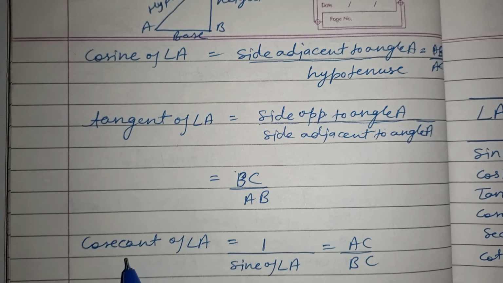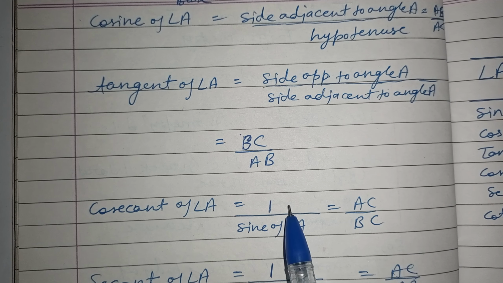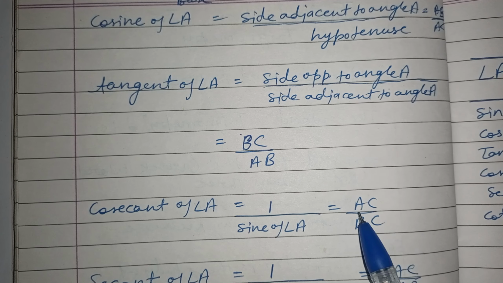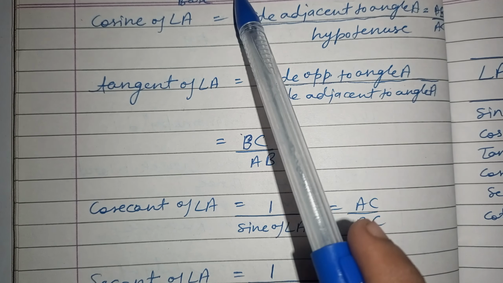If we talk about cosecant of A, which is just the reciprocal of sine A, we can write it as hypotenuse upon perpendicular or height, AC upon BC.